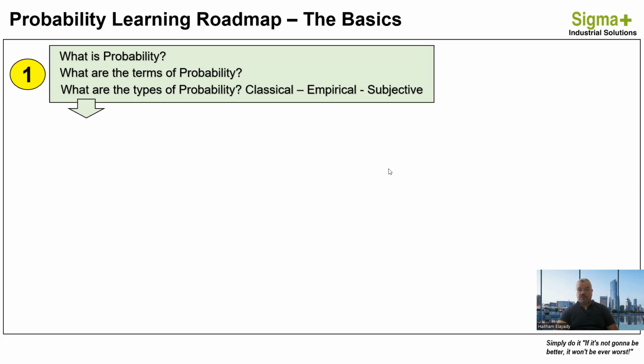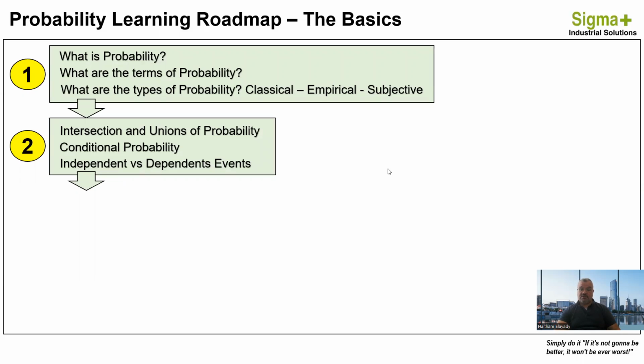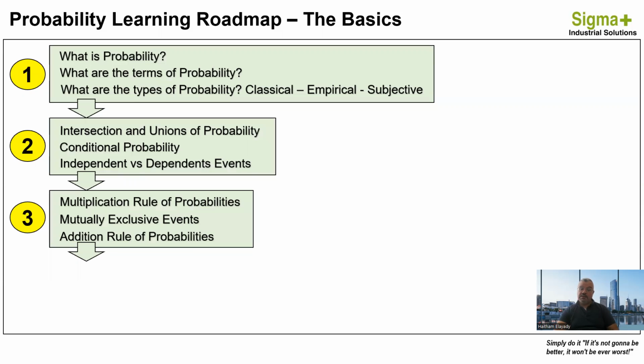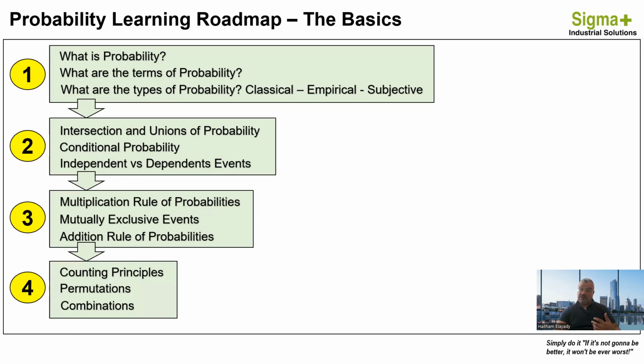In other videos, we're going to talk about the intersection and union of probabilities, conditional probability, and independent and dependent events. We're going to talk also about the multiplication rules for probabilities, mutually exclusive events, and the addition rules of probabilities. And we will end the basics of probability with the counting principles for permutations and combinations.